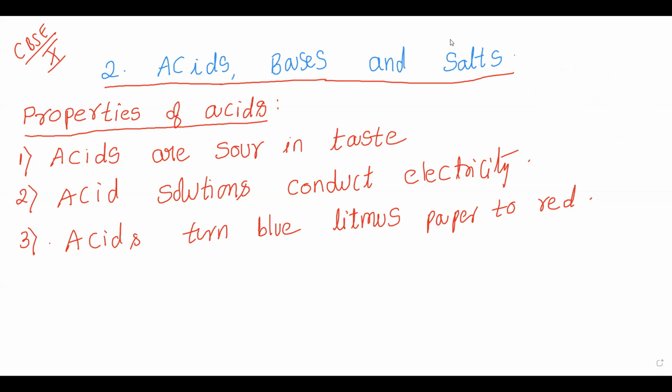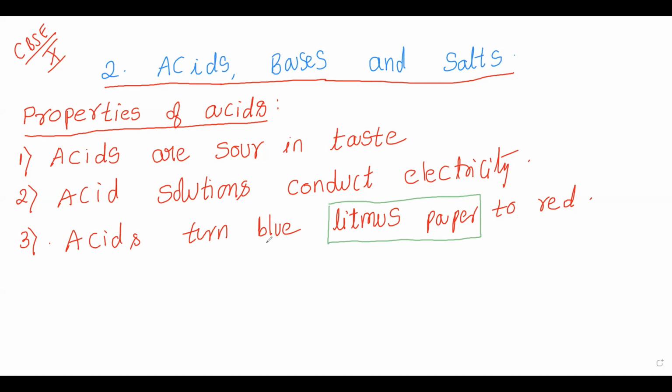Next, acids turn blue litmus paper to red. Litmus paper is an indicator. It indicates whether the given substance is acid or base.